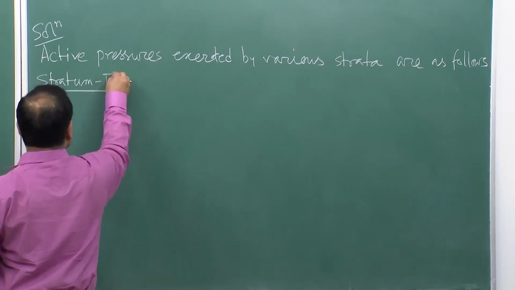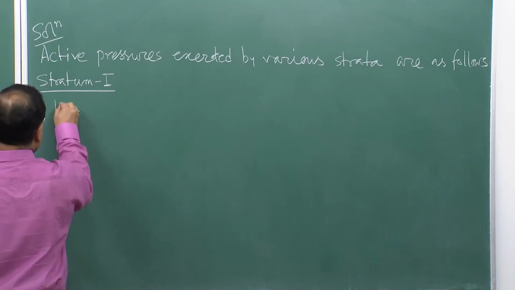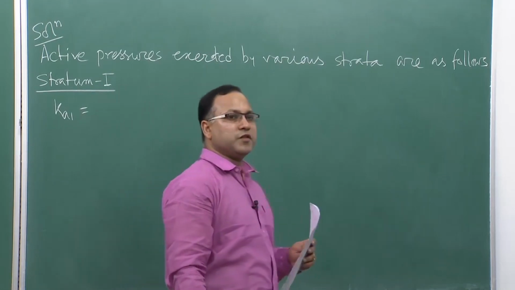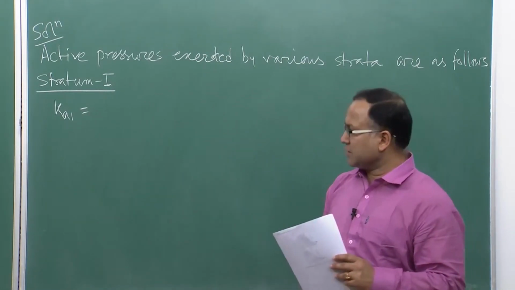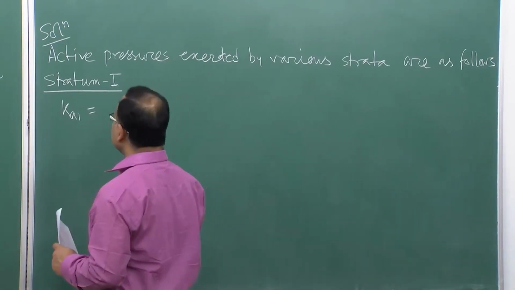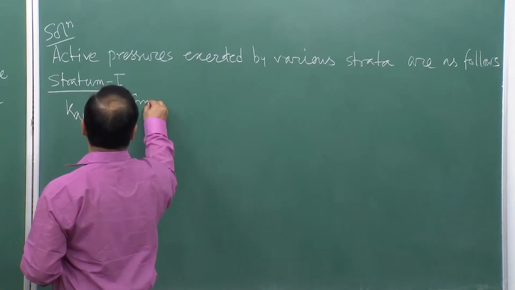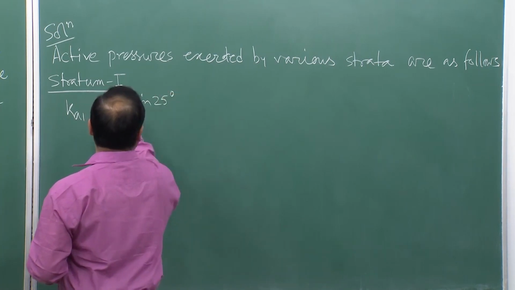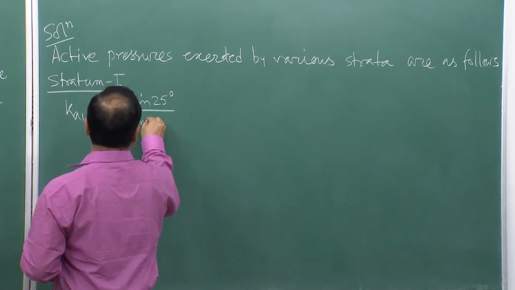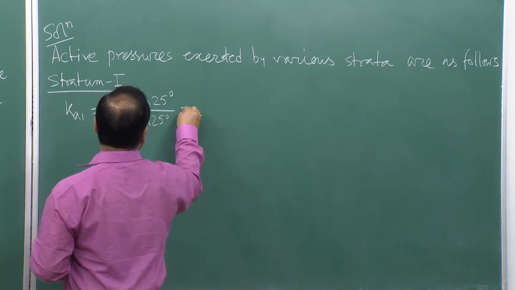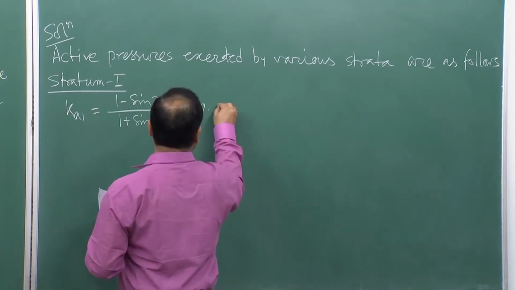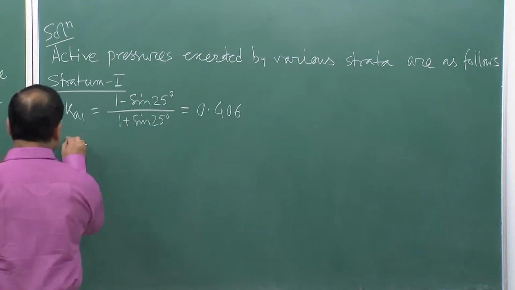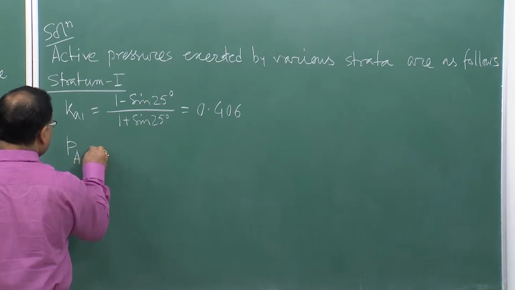Okay. So, first we need to calculate the magnitude of the coefficient of active earth pressure for the first stratum. So, Ka1 is defined by 1 minus sin phi 1, where phi 1 is 25 degree, divided by 1 plus sin 25 degree, that comes as 0.406. Okay.